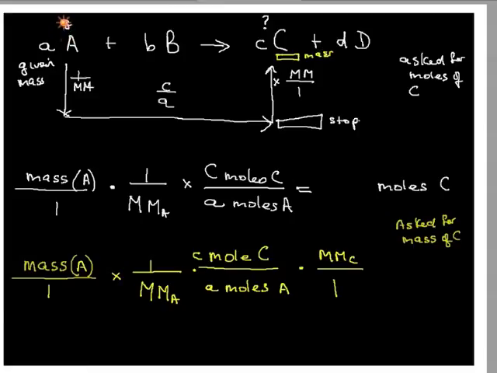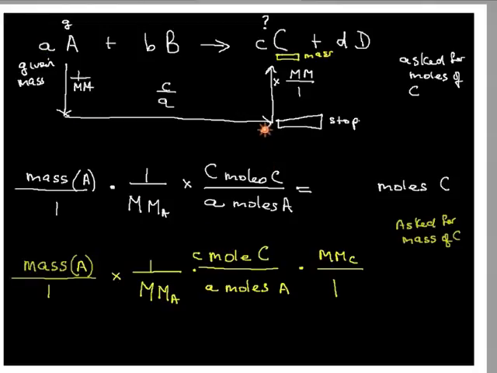Again, if A is given, you're going to originate the arrow from A, turn around, create your rectangle, turn back around, and head towards the question mark. Again, we're going to use the given mass of A. We're going to go down by multiplying 1 over molar mass of A, going across by multiplying by the coefficient of the question mark over the coefficient of the given.